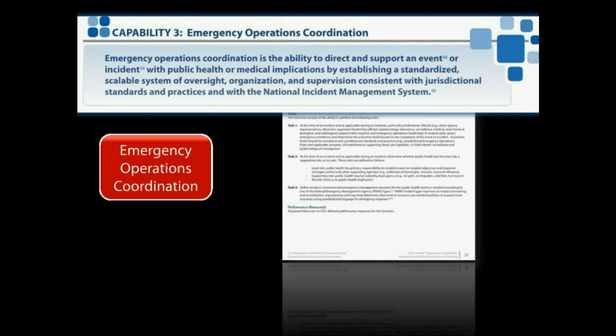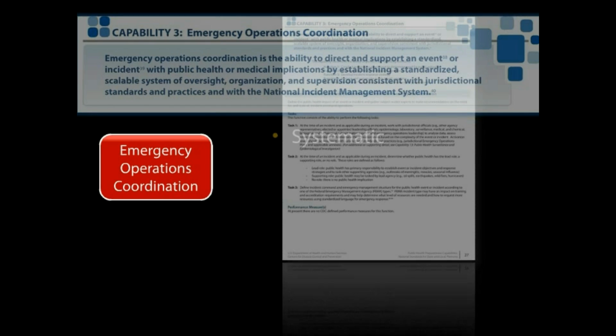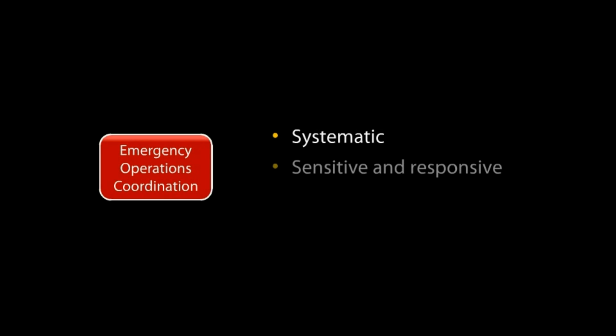In other words, effective and orderly management of a response to an incident with public health implications must be systematic, sensitive, and responsive to changing conditions, and consistent with procedures used by other emergency management agencies.